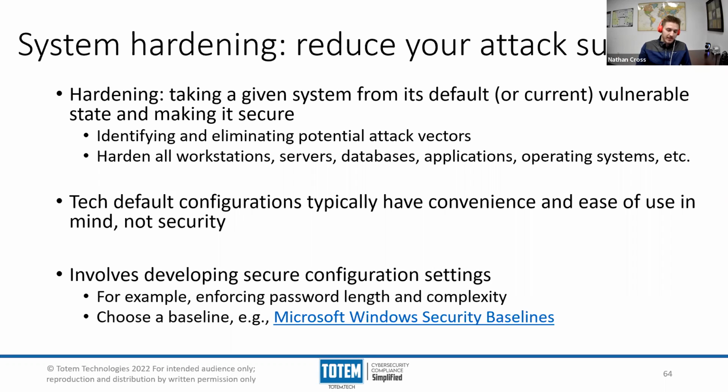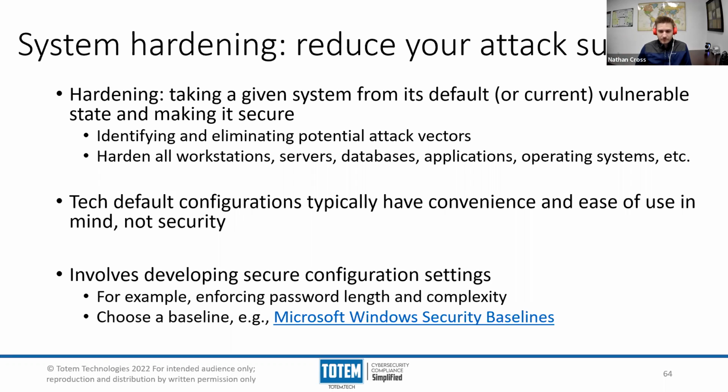And these baselines, like I sort of mentioned, could be either vendor specific or they could be more broad. For example, Microsoft Windows has tons of different security baselines for securing their products. And these baselines could be applied to different products as well, not just Microsoft products.